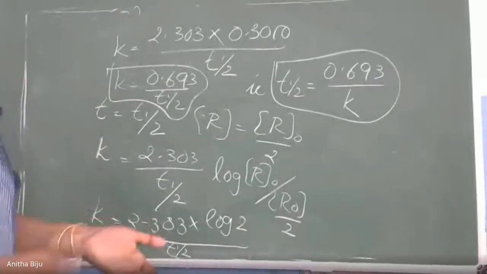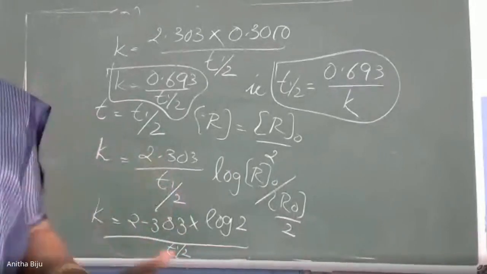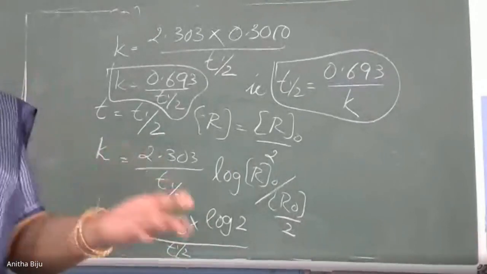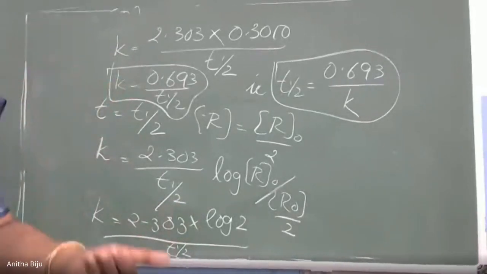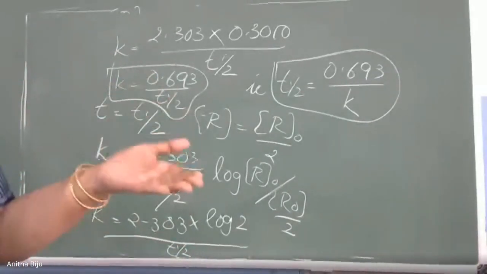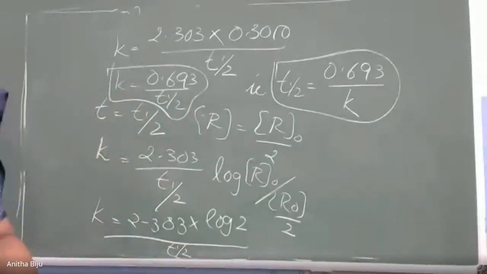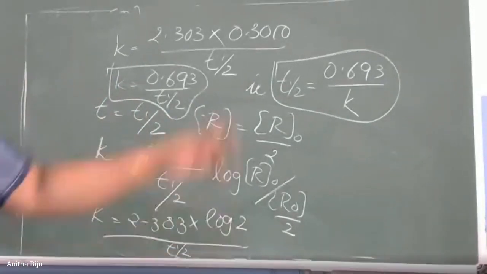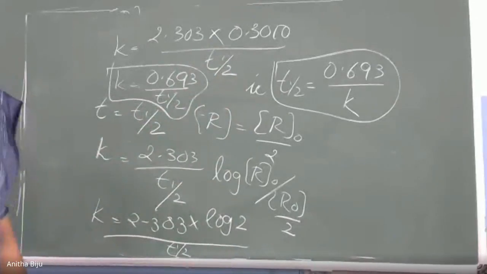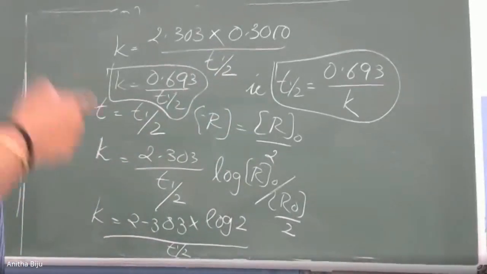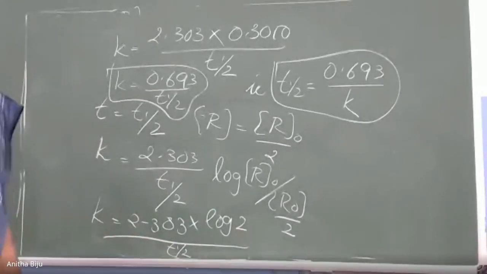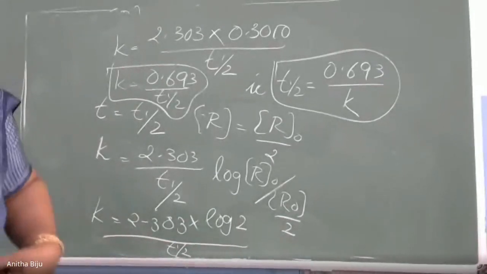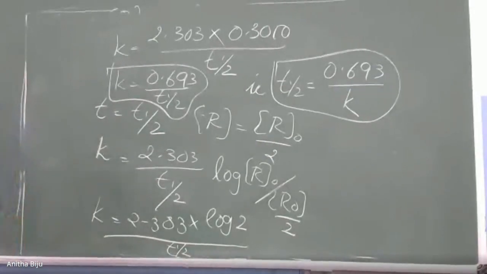So you can write the second part of both derivations. In the second part, for a zero order reaction, we can prove that in the formula of T half, the molar concentration of reactant is there. And in the first order reaction, the molar concentration of reactant is not there. So from this derivation, we can prove that half-life period is independent of initial concentration.